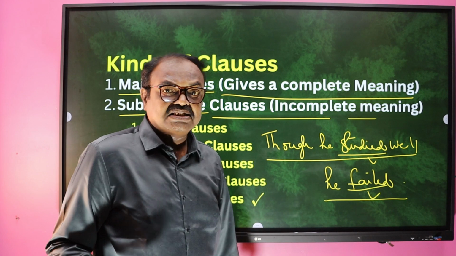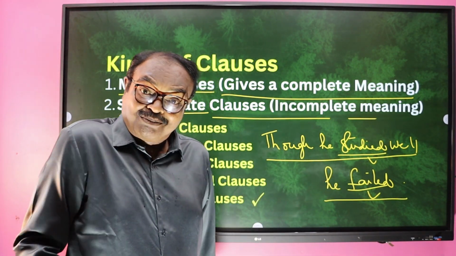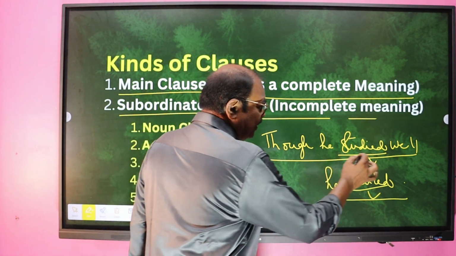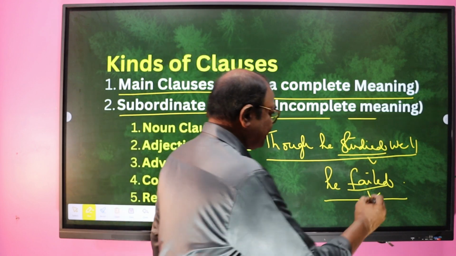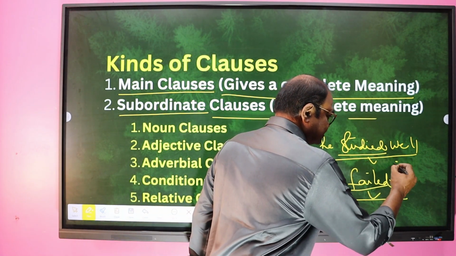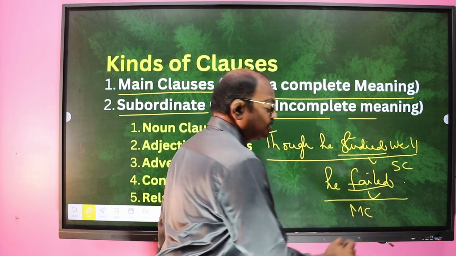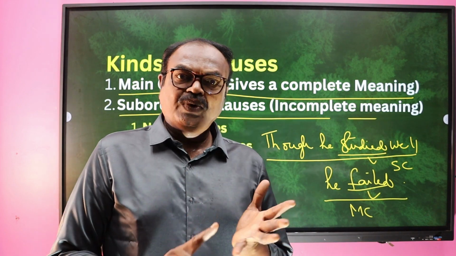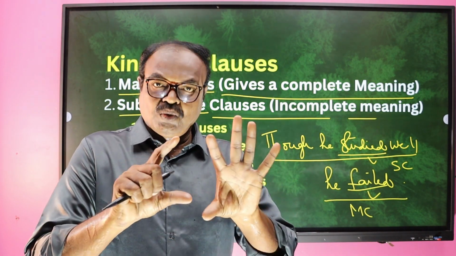In these 2 clauses, one clause gives a complete meaning, another clause gives an incomplete meaning. See here, though he studied well, చదివినప్పటికీ, that's all. So, that's why this is an incomplete meaning clause, that's why this is called a subordinate clause and this is called the main clause.